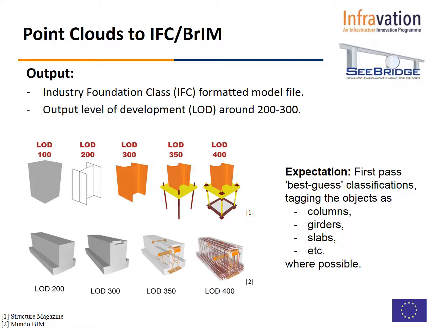If there are diaphragms, it will capture roughly the diaphragms, things like that, the shape of the abutments and the piers. In addition to that, the great thing about the IFC is that as an extensible format, it allows us to also tag the objects in its metadata. So we would expect the output to not only be all of the components, but that they be tagged with their actual function, which would be column, girder, slab, abutment, etc.